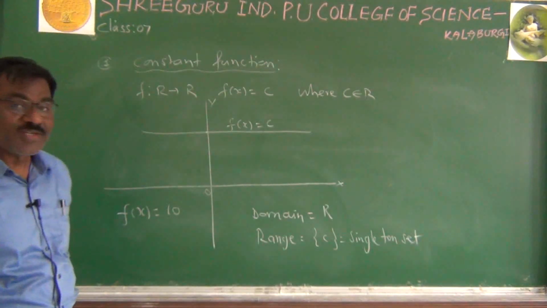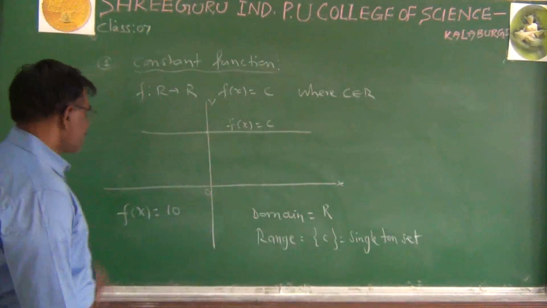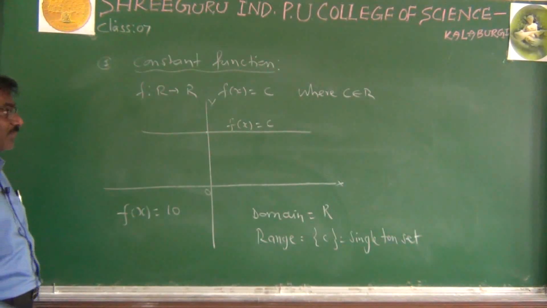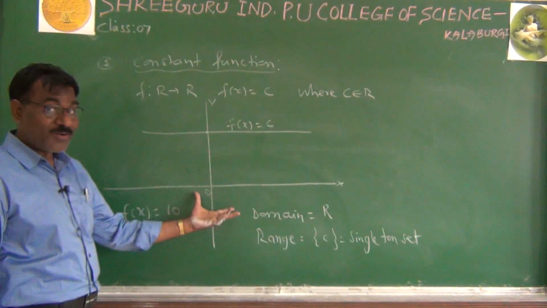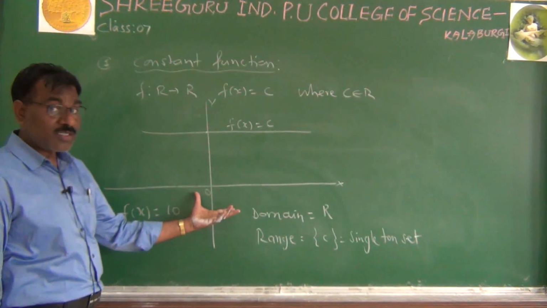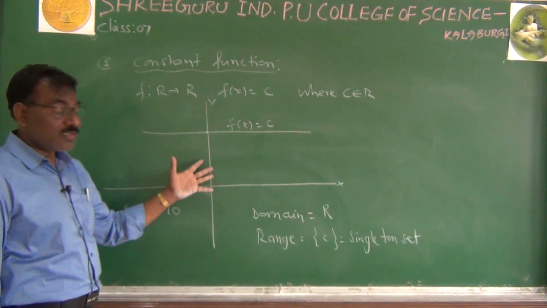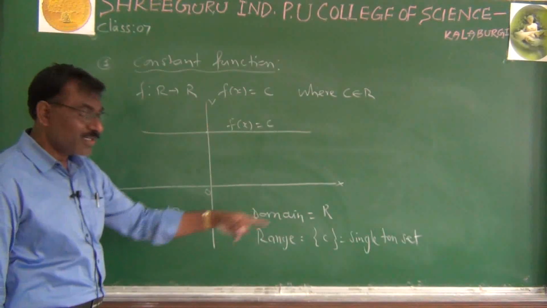The range will be c only because it is a singleton set. So this is called a constant function, with the line parallel to the axis. The domain is the real numbers and the range is c, a singleton set.